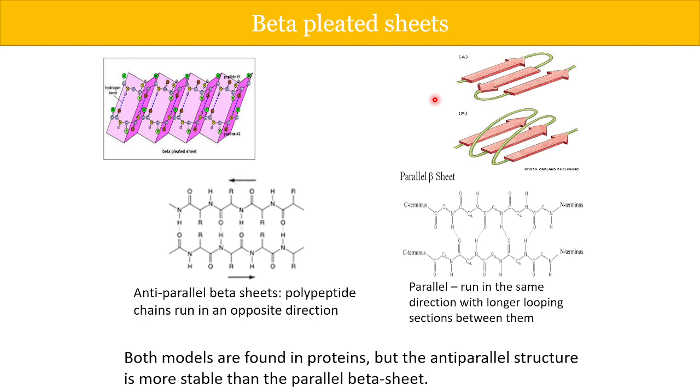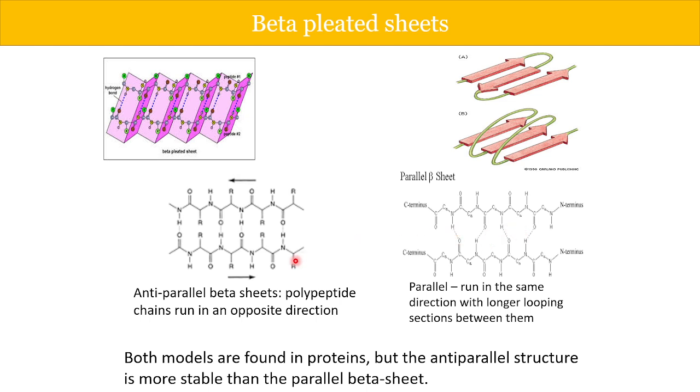Coming to the next one, the beta pleated sheets. It's more of a simple type where you have the anti-parallel beta sheets and the parallel beta sheets. The parallel beta sheets run in a similar direction, from the N terminus to the C terminus, and the other beta sheet is also running from the N terminus to the C terminus, and you see that there is an elongated hydrogen bond and a distorted hydrogen bond as well.